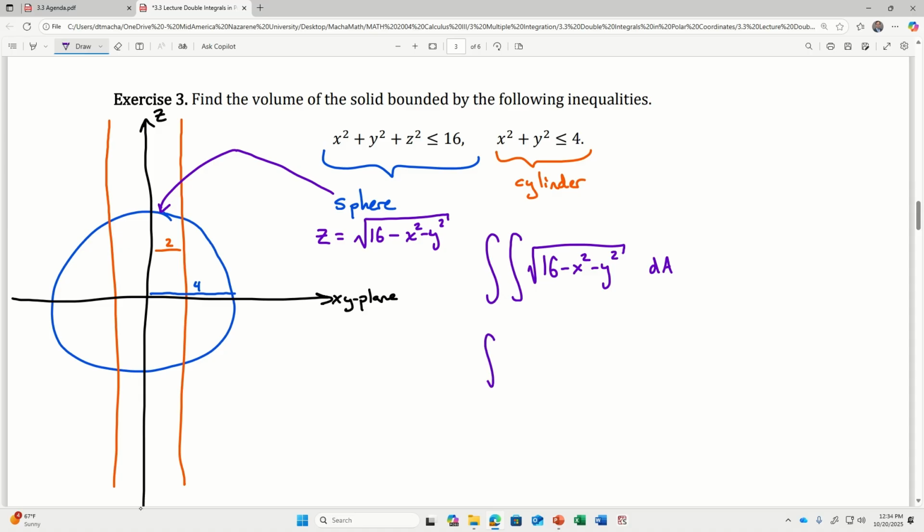If I switch to polar coordinates, now this integrand is going to become the square root of 16 minus what? r squared. And then for my dA, what am I going to write? Yeah, r times dr d theta.